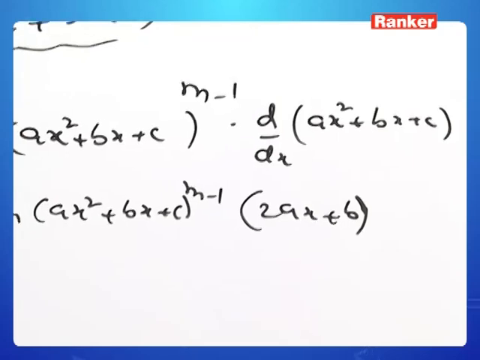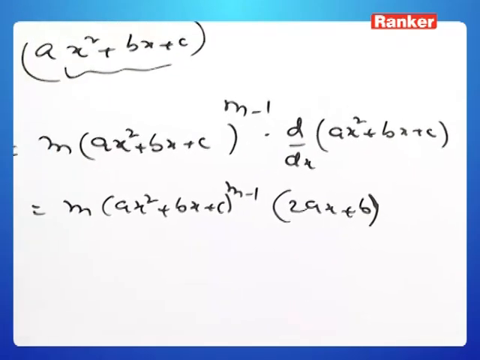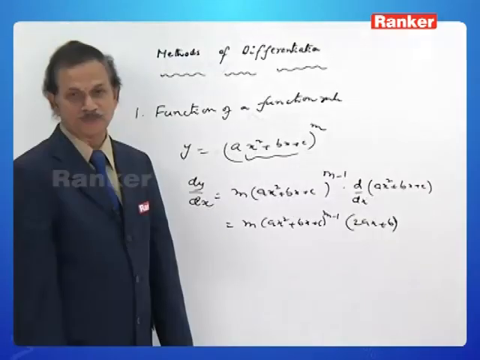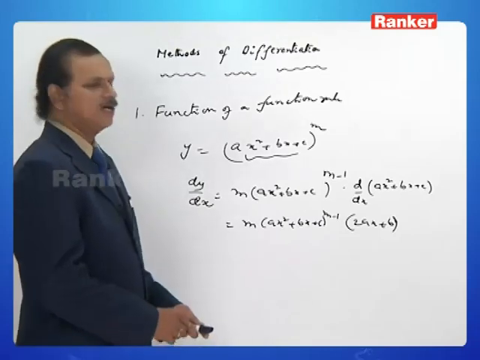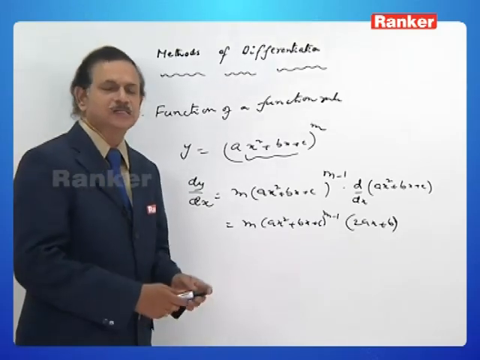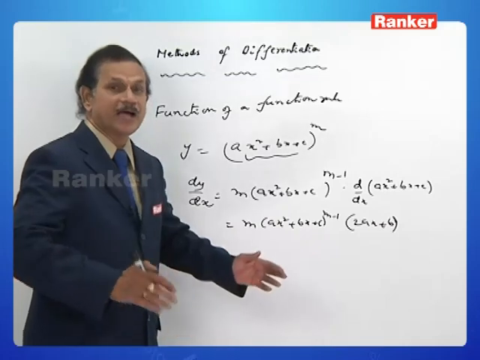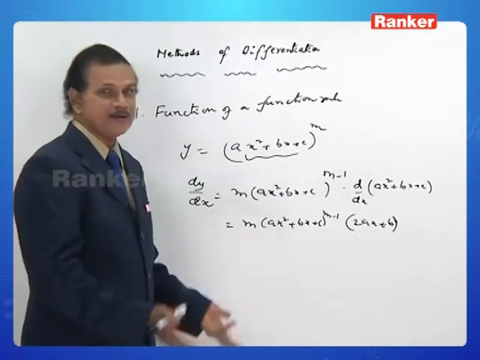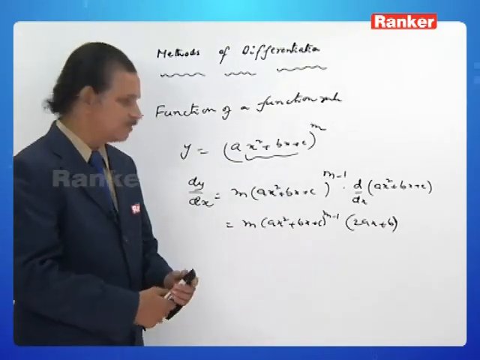Hence, the total derivative is m into ax square plus bx plus c whole to the power of m minus 1 into 2ax plus b. And as we could just discuss, it is very easy and we are habituated with it. We are acquainted with this very much.